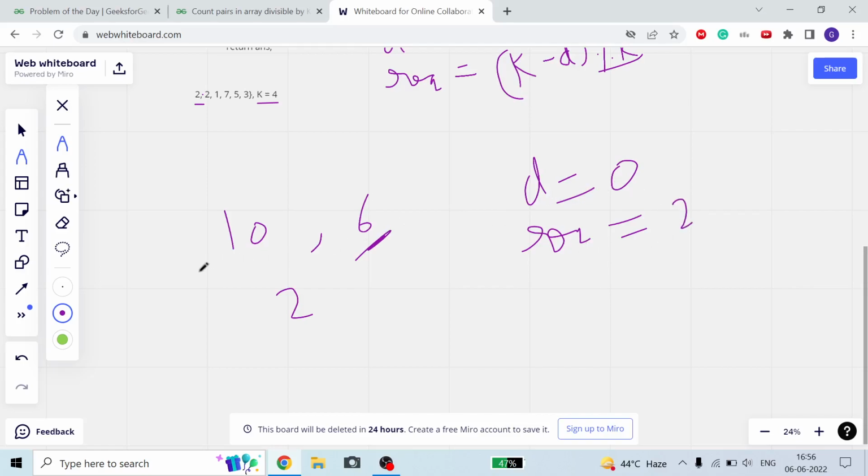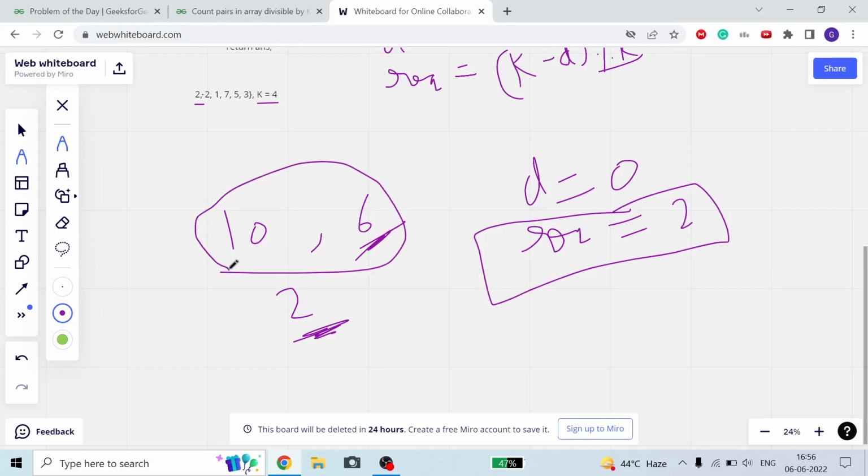Then we see we don't have any number in our array whose modulo with k is equal to 2, so we don't have any number in our array whose modulo equals the requirement.